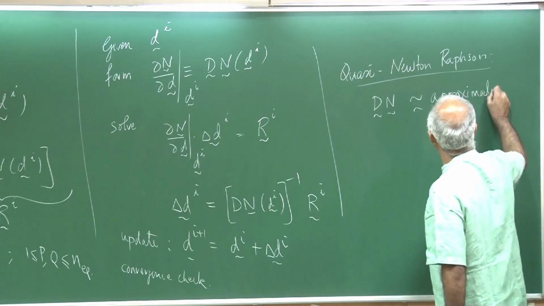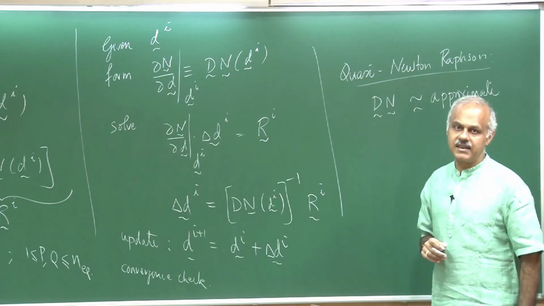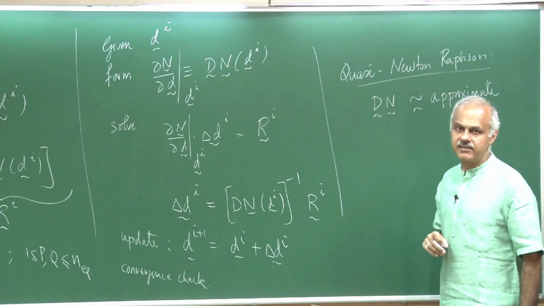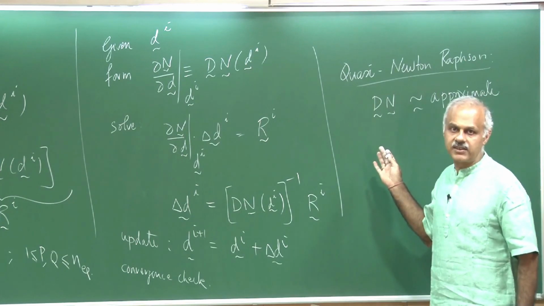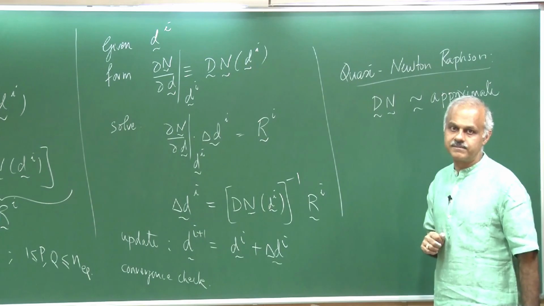So instead of calculating the true first derivative, I can get an approximate estimate of the first derivative and use that. And then of course I am not going to be second order accurate, I am going to be somewhere between first and second order accurate.